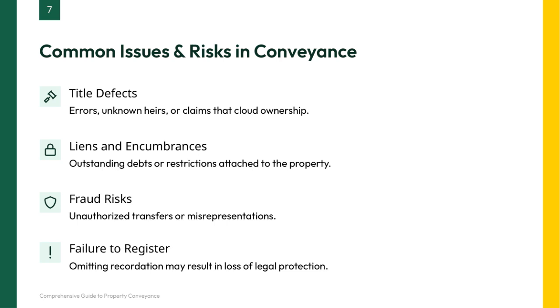This can happen through unauthorized transfers or misrepresentations about the property's status. Finally, failure to register the property after transfer is a serious issue. If the conveyance is not properly recorded, the new owner may lose important legal protections, making them vulnerable to disputes. Each of these risks highlights why careful attention to detail is essential in the conveyancing process.